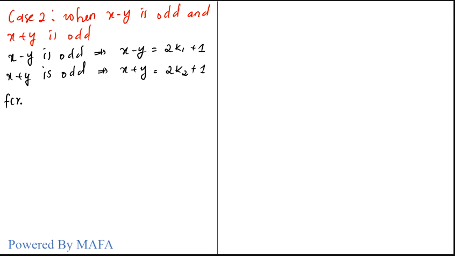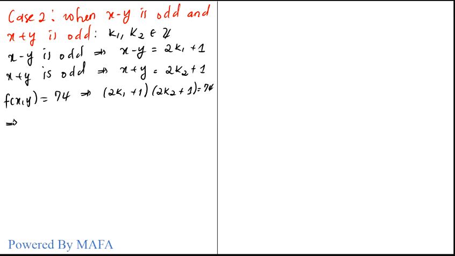So my f of xy equal to 74 means that 2k1 plus 1 times 2k2 plus 1 is equal to 74. Remember, k1 and k2 are integers. Now if we open this bracket, we are going to have 4k1k2 plus 2k1 plus 2k2 plus 1 is equal to 74.